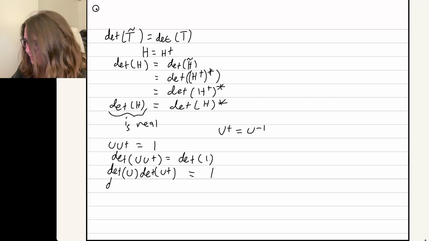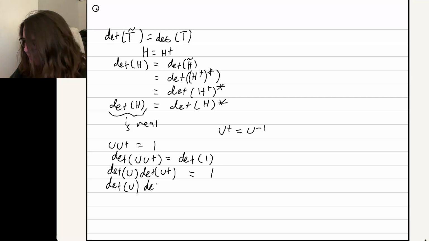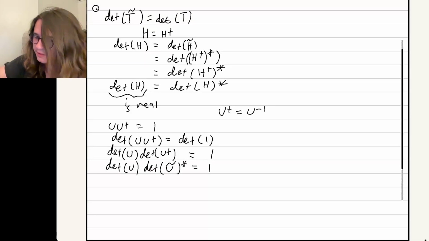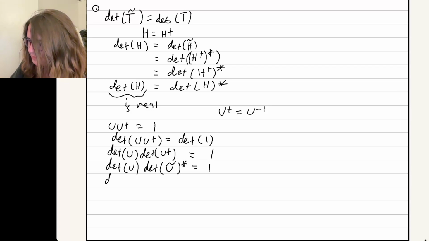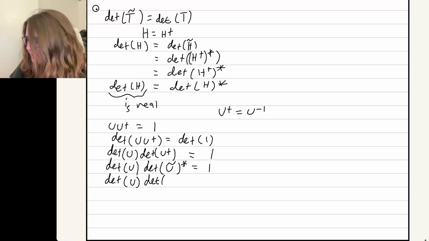And then on the left-hand side, we know that the Hermitian conjugate, again, is just the complex conjugate of the transpose, right? But then we also know that the determinant of a transpose is just equal to the determinant of its own matrix. So this is determinant U times the complex conjugate of the determinant of U equals 1.